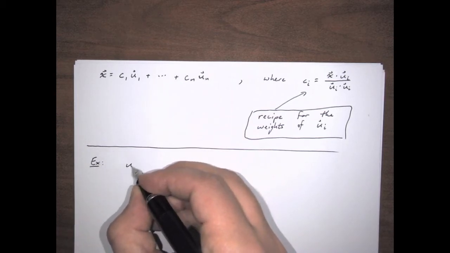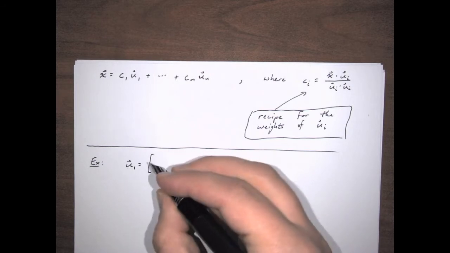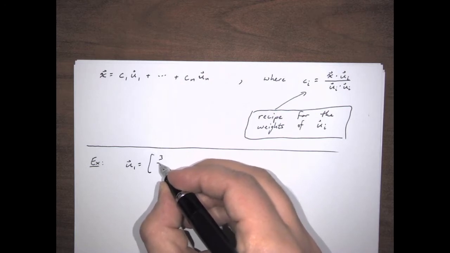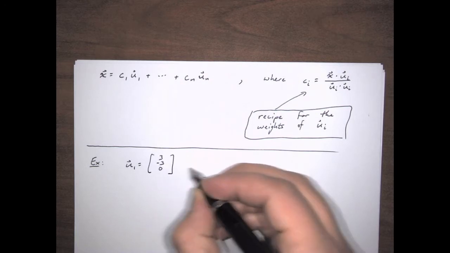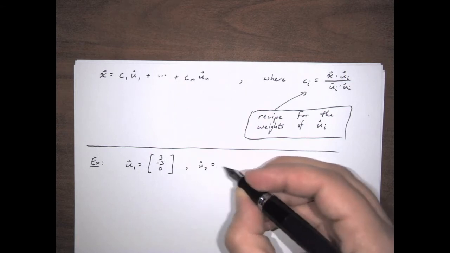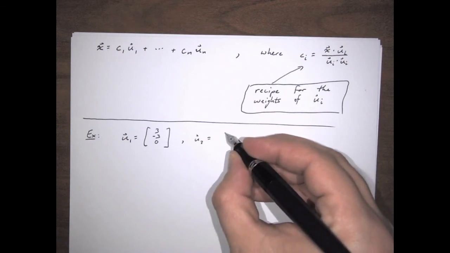So we'll be given some vectors, perhaps. So u1 is equal to, let's say, 3, negative 3, 0. u2 is going to equal 2, 2, negative 1.